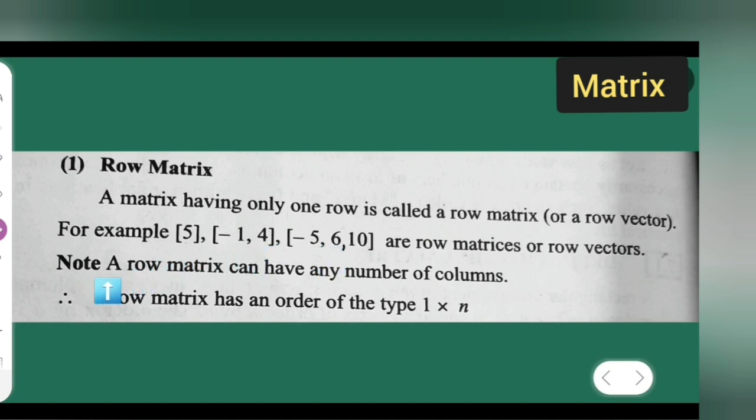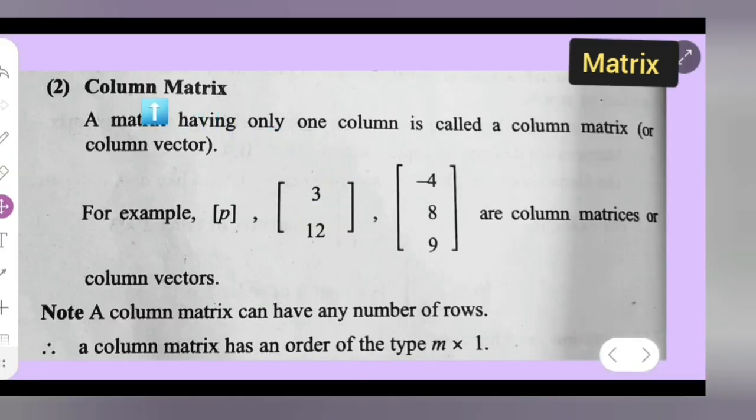Now you all note, a row matrix can have any number of columns. A row matrix has an order of the type 1 multiplied by n. So I can take down this order of the type. This will be useful for you all for 11th, 12th and also for your graduation level as well.